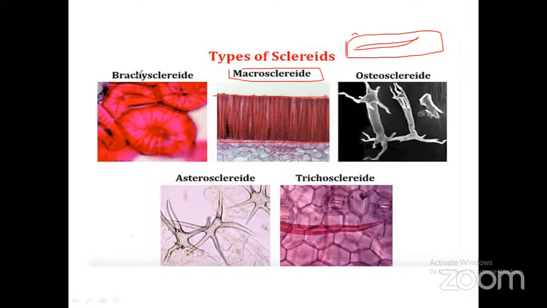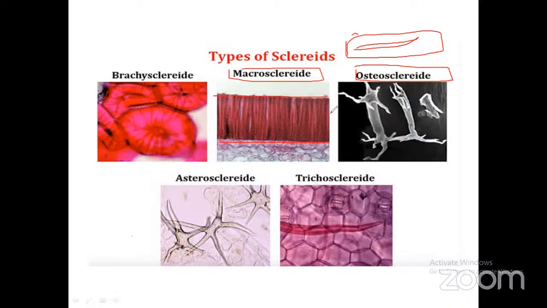Brachysclereid in flesh, macrosclereid in the epidermis of the seed coat, and next one, osteosclereid. We can see in the diagram, as the name suggests, they are bone-shaped sclereids.